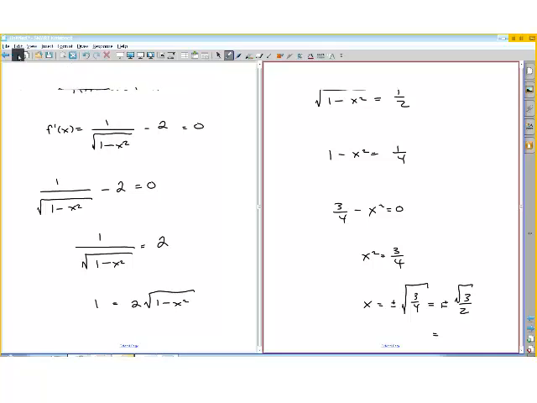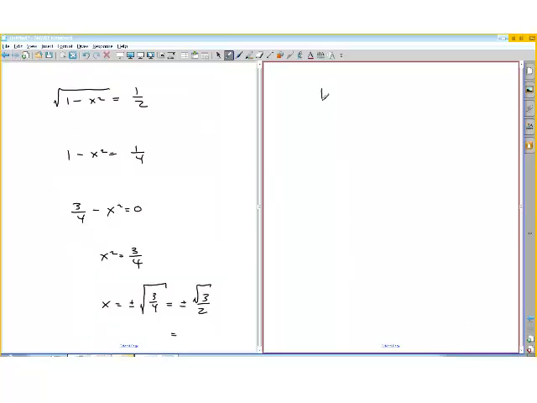So let's do that. Since the first derivative was equal to 1 divided by the square root of 1 minus x squared plus 2, the second derivative, well, that goes to 0. This is the same as 1 minus x squared to the minus 1/2 power. This is to the 1/2 power, and then I move it to the numerator.